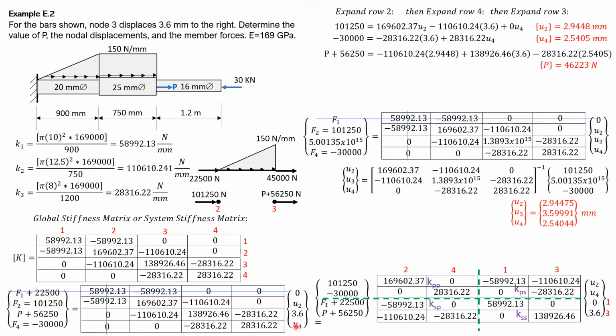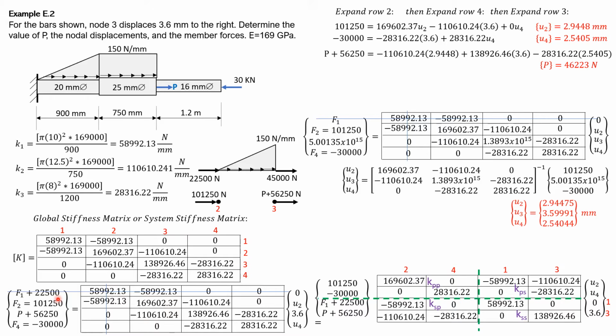Then this stiffness multiplied by this force matrix is equal to this system matrix multiplied by the global displacements. And we eliminate rows and columns associated with 0 displacements. So after that, it leads to a 3x3 matrix. However, there is an unknown P here, so we cannot simply solve for U2, U4, and of course U3, which is given as 3.6, by inverting this and multiplying it by this.